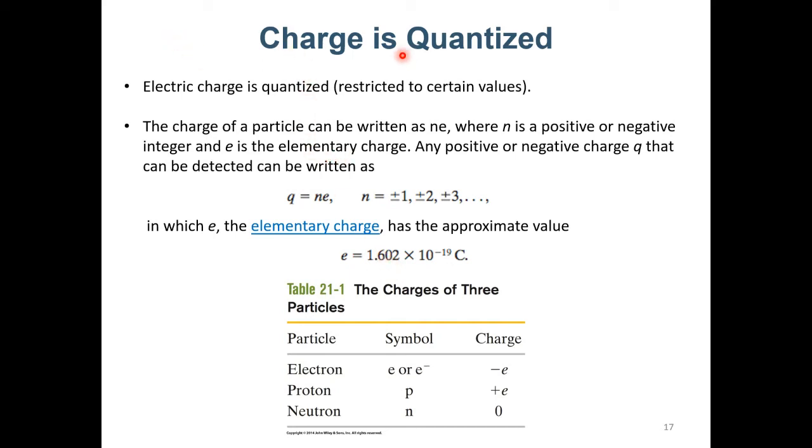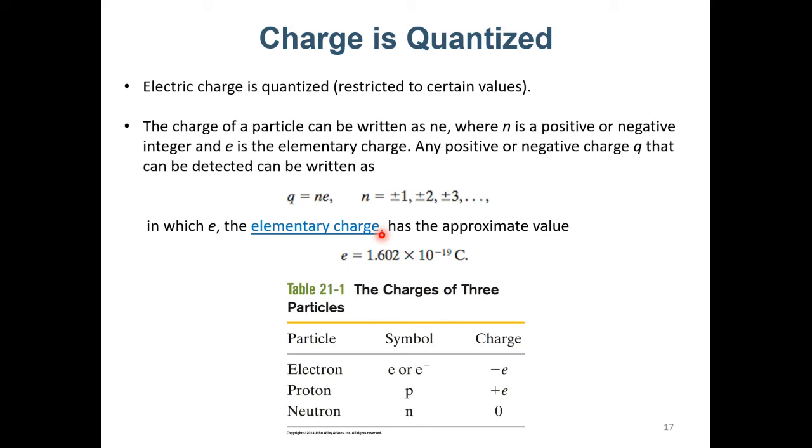And actually, here we say the charge is quantized because we have an elementary charge, so we can only have n equal to an integer, maybe 0 if it is an electrically neutral situation. But if it is not electrically neutral, n could only be plus or minus 1, 2, 3, 4, and so on.